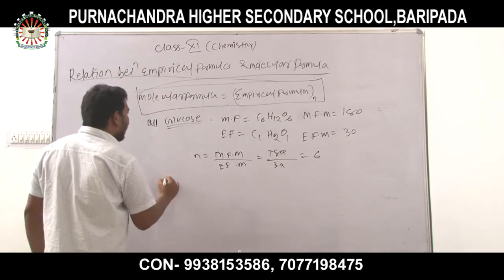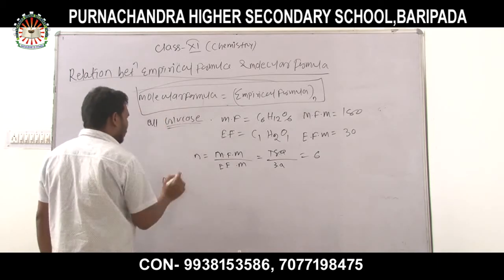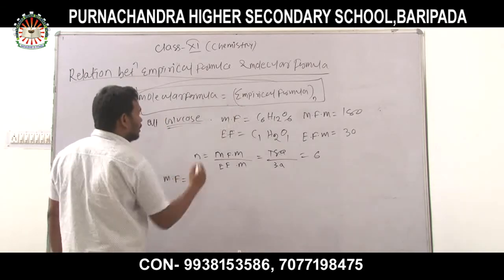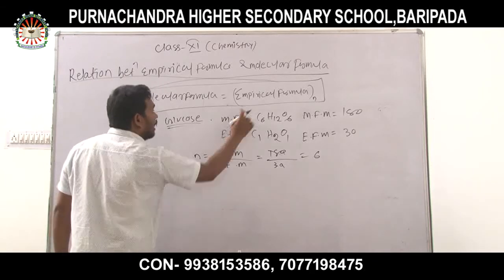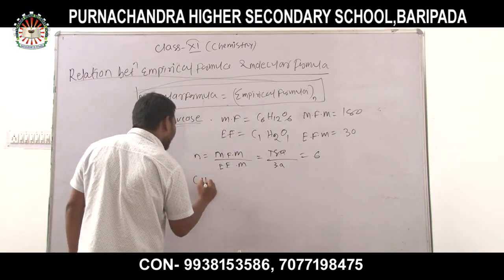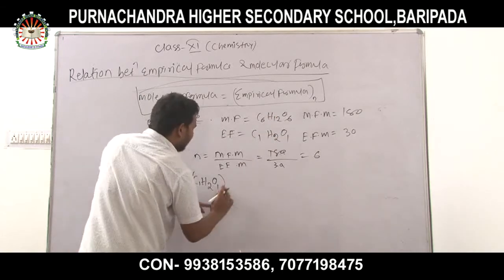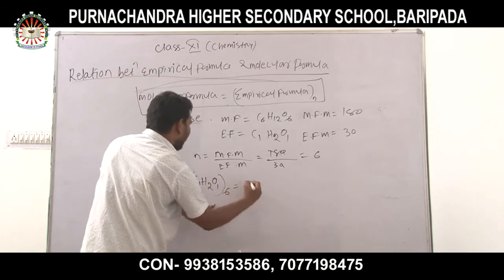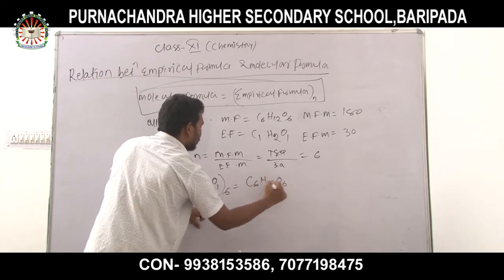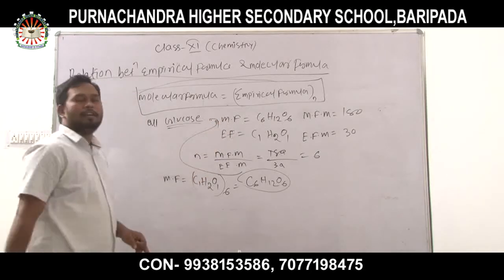Thus the molecular formula of glucose equals empirical formula times n. The empirical formula is C1H2O1, multiplied by n, which is 6. Thus its molecular formula is C6H12O6.